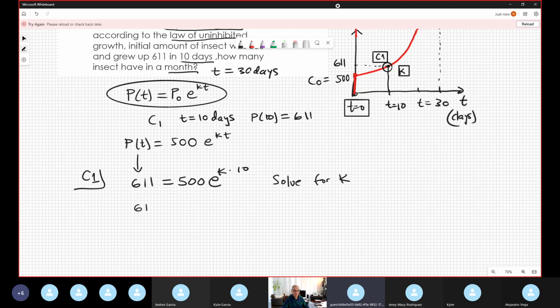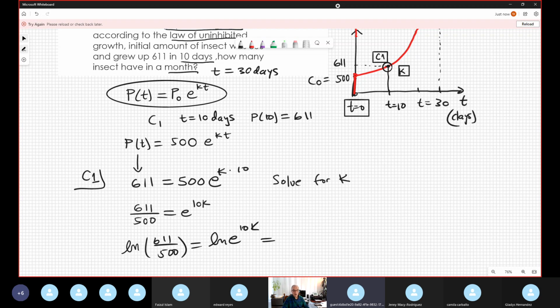Okay, this is 611 divided by 500 is equal to exponential 10k. I change here because I want the coefficients in the front. You apply logarithm, as typical in an exponential equation. The most convenient logarithm that you apply is ln, because when you apply ln of this, it's obvious that ln and e undo each other.